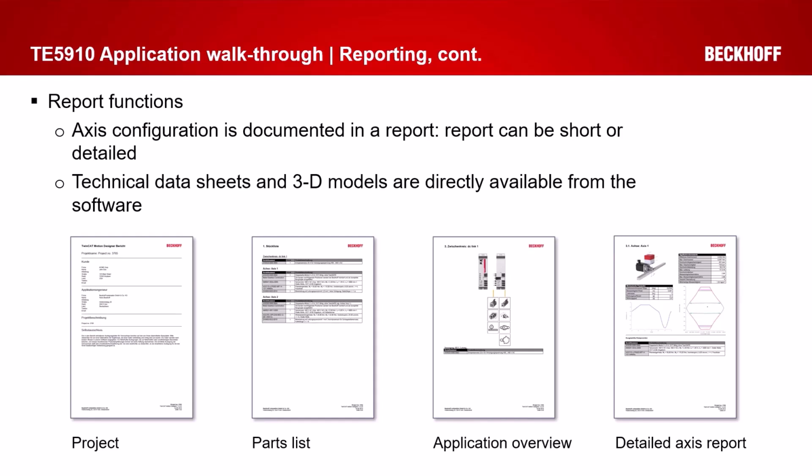The report is a PDF and can be easily shared. It will include who sized it, what was it for, the parts list, the application overview, the detailed axis report, and all that is part of the Motion Designer export reporting feature.